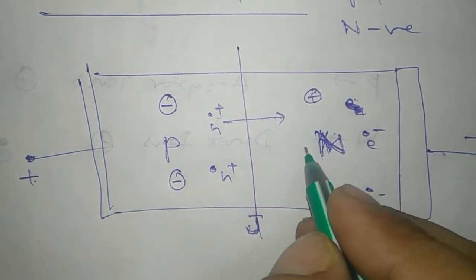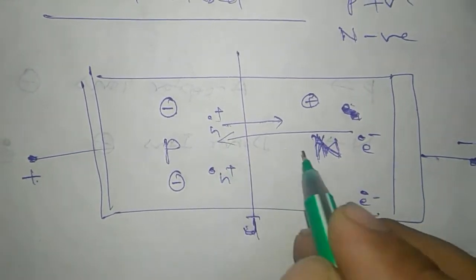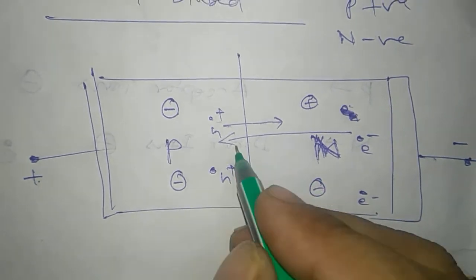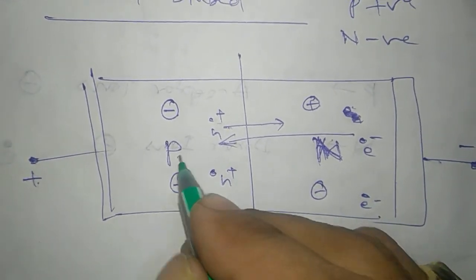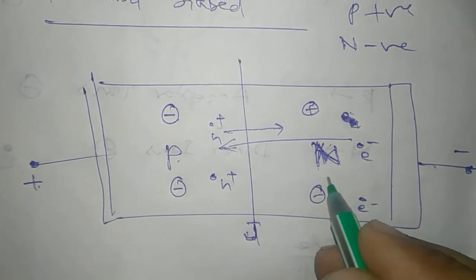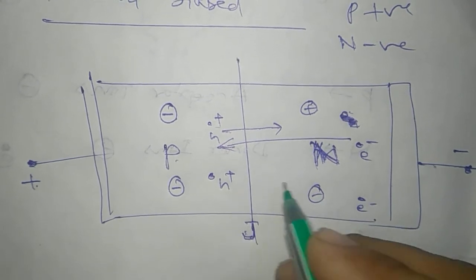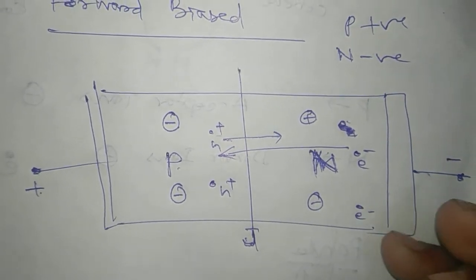Here the electrons will travel to the P region from the N region, and holes will travel to the N region.